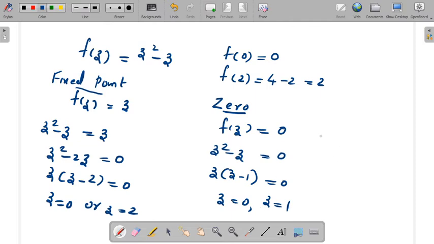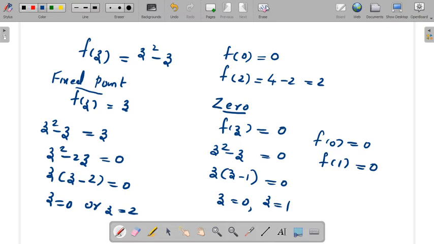This means that f of 0 will be equal to 0 and f of 1 will be equal to 0, and 0 and 1 are the only points whose image is 0. You can see this by substituting the values 0 and 1 here. You will get 0 minus 0 equal to 0, 1 minus 1 equal to 0.